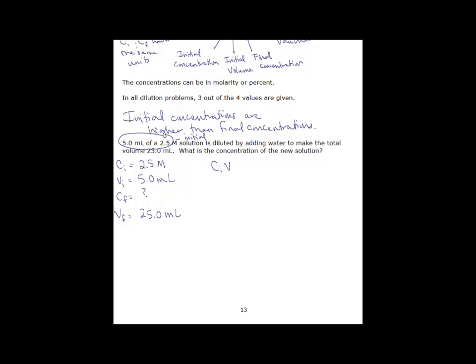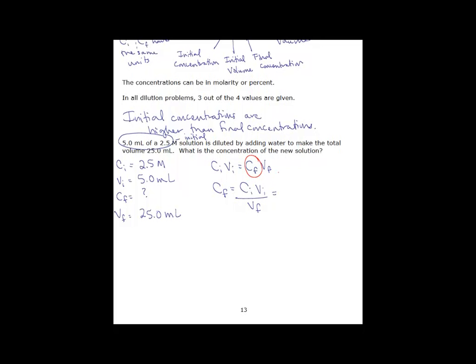So remember, this is our formula, and this is what we're looking for. So to solve, oops, I circled the wrong one. VF. We're solving for CF. So we're solving for the final concentration. So for CF, I need to divide by the final volume, so it will be CI VI divided by the final volume.